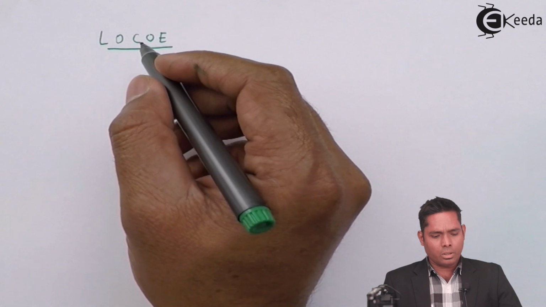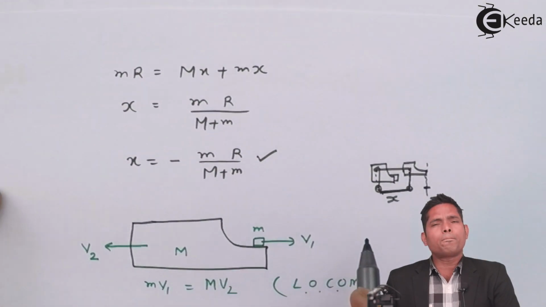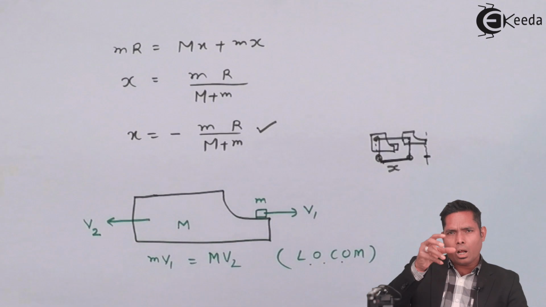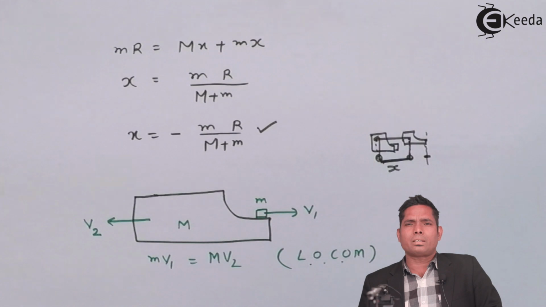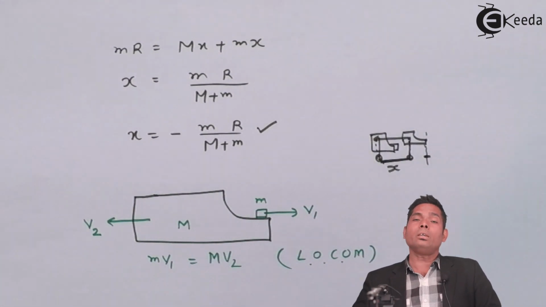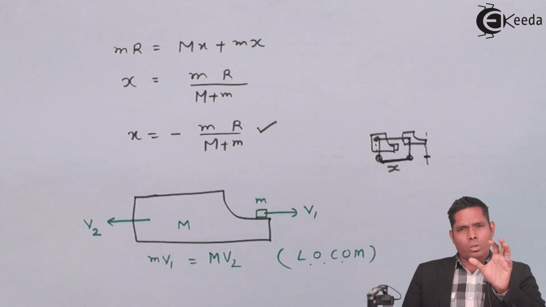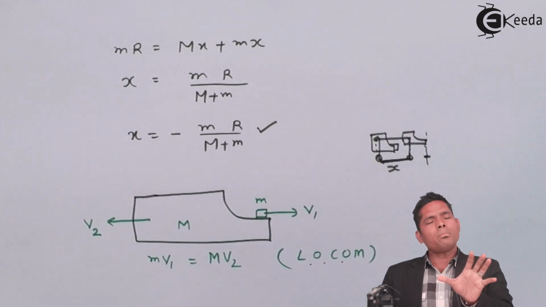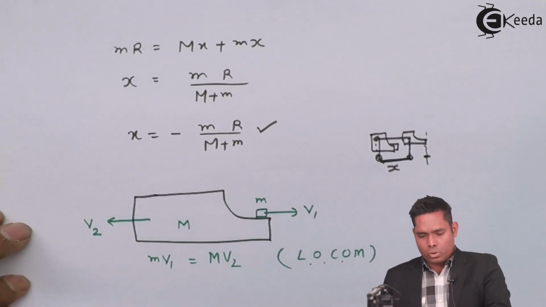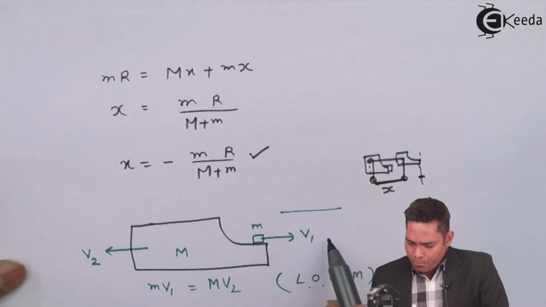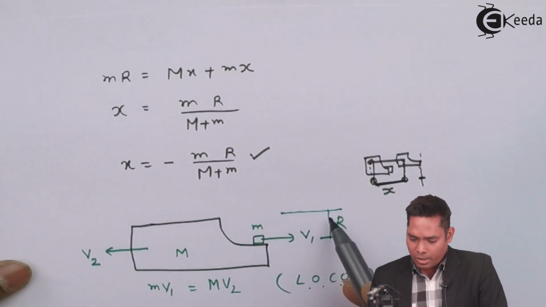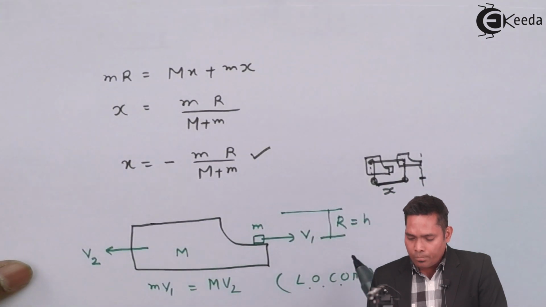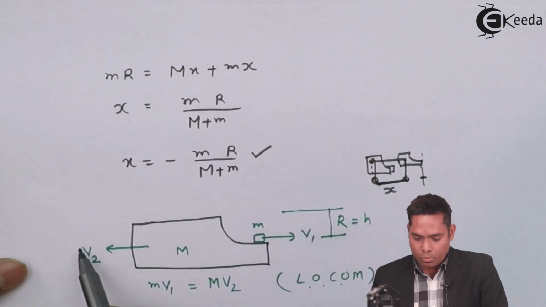If I see the equation, the body has to slide down, so the decrease in the potential energy of the small mass m will be giving kinetic energy to the block capital M and the small mass m. There is a drop of height r, and this loss in potential energy due to height h equal to r is giving kinetic energy to these two blocks.